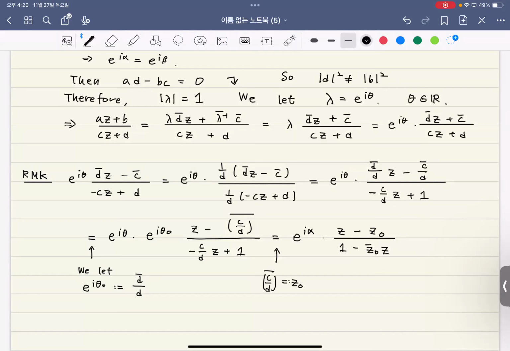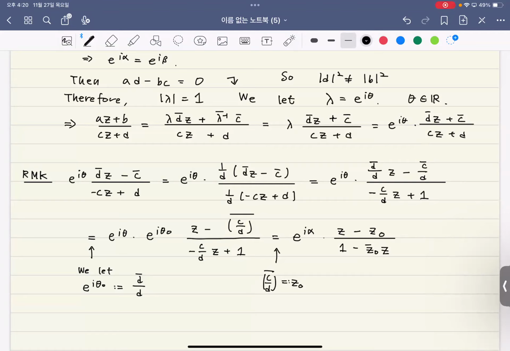if z0 is inside of this unit circle, then it turns out this point is being mapped to the center of this unit circle in the W plane. So it gives us the idea that the whole interior of this one is being mapped to the interior of this one.